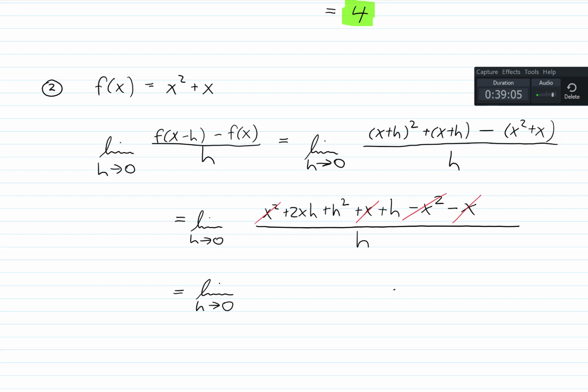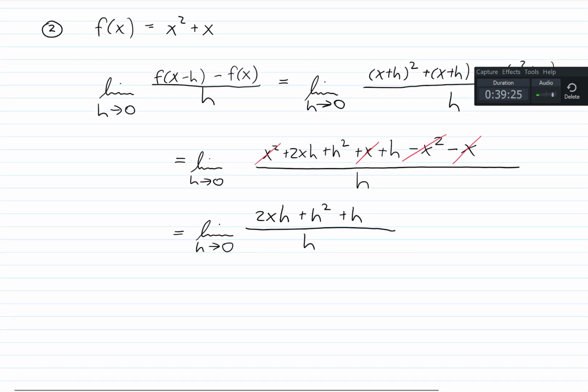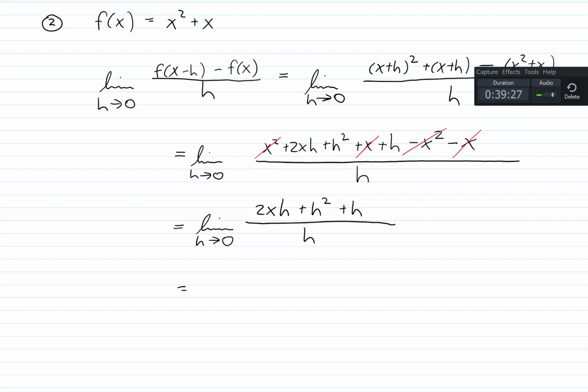Okay, what's left up there? There's still a 2xh, and there's still a plus h squared, and there's still an h. You see how every term that's left up there has an h in it? So in that case, how about if we factor that h out?